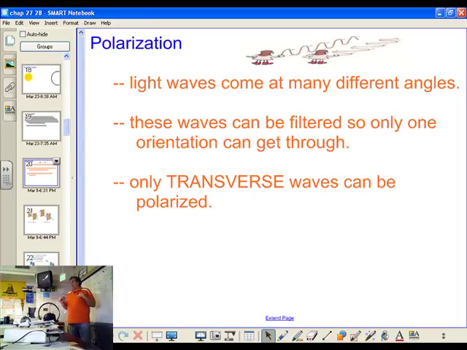Now, a polarizer is basically plastic. And a guy named Edwin Land invented this. He took plastic and found that if he stretched these polymers out, they would block that. And he invented the Polaroid filter. He's also the guy who made the instant camera. Same guy.